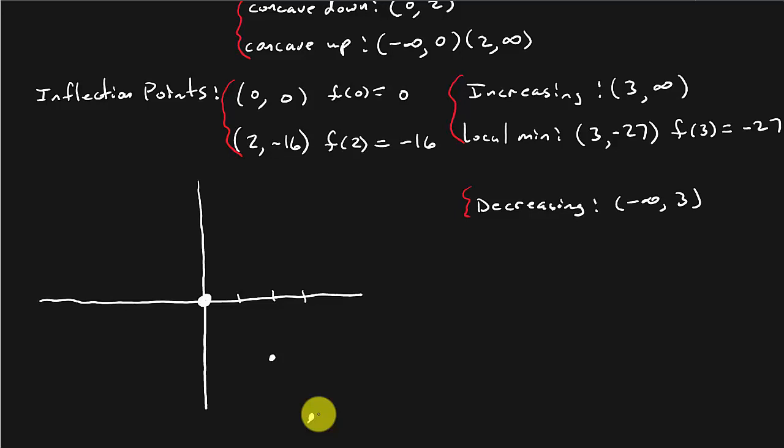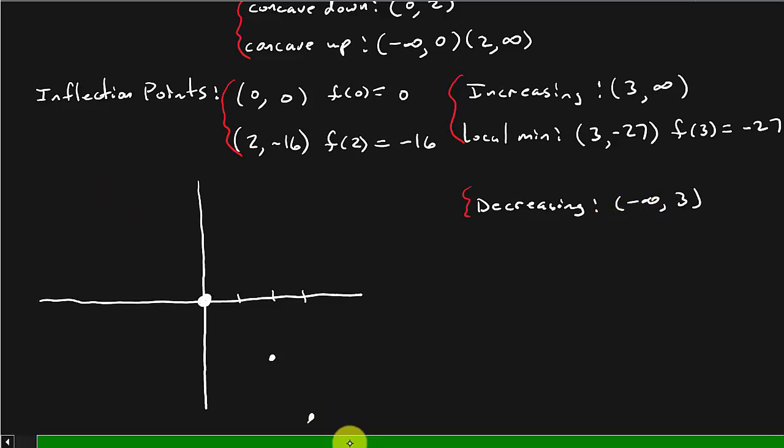All right, so what I know is from negative infinity to 3, this thing is decreasing. Okay, it's decreasing. And I think I might just move this point down just a little bit more. Maybe something like that. So it's decreasing all the way up to 3, and then once I hit 3, it starts increasing again.